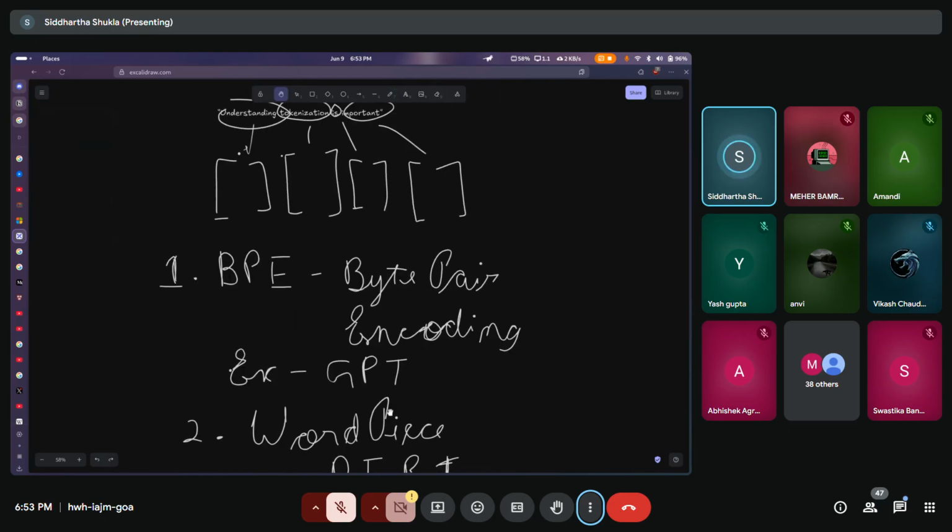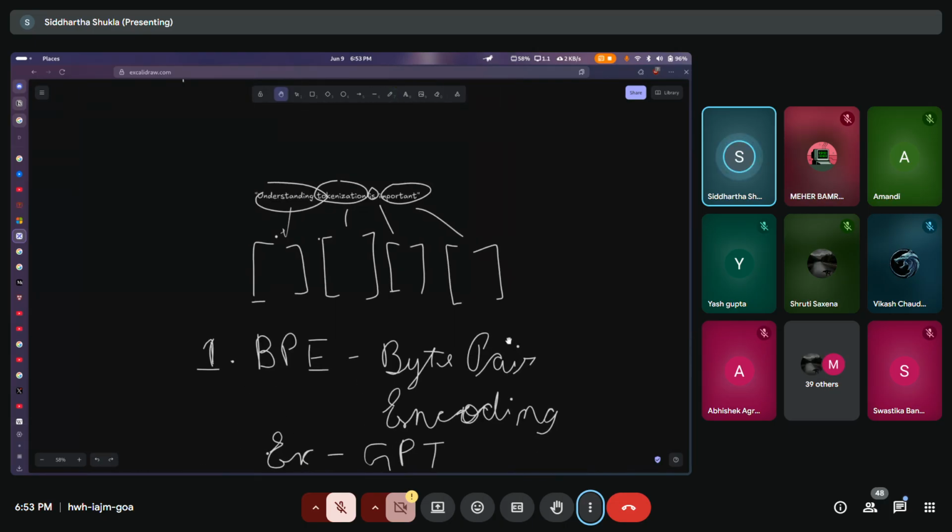Now, coming back to how this sentence is going to be broken down, I'm going to consider BPE because it's the most widely used one out of all of these. Actually, what modern-day LLMs really use is subword tokenization, but I'll just use BPE, used by GPT, for the scope of this lesson.